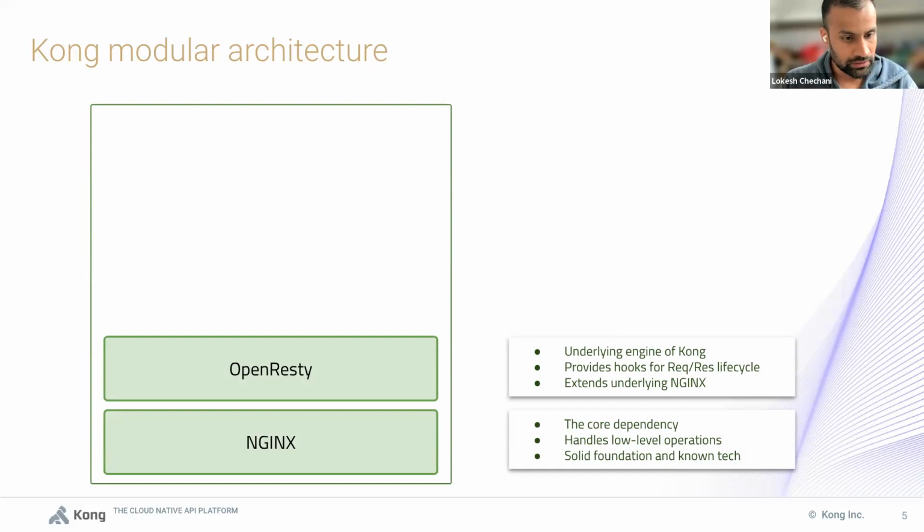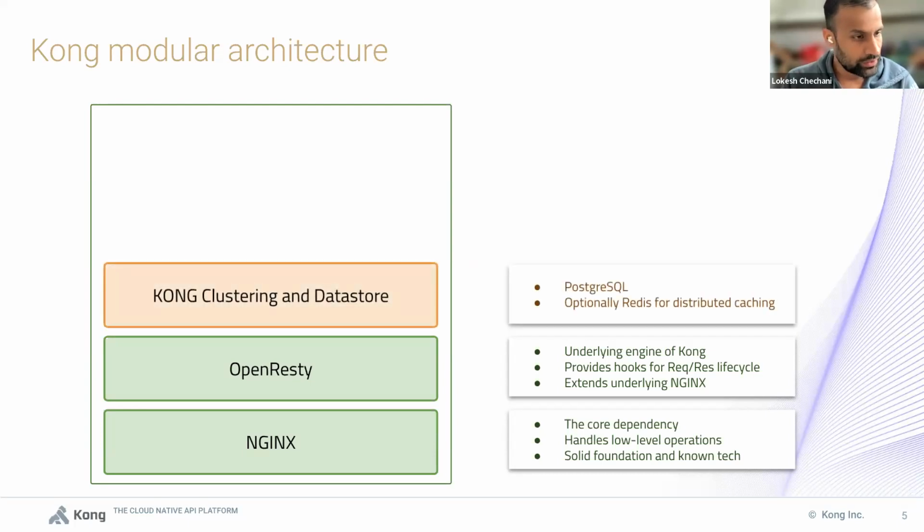In fact, Kong is a major contributor to OpenResty. These two technologies form the foundation for Kong, and all the underlying architecture sits on them. We use OpenResty because it provides nice hooks around the request and response lifecycle, and this is where the Kong plugin comes into the picture.